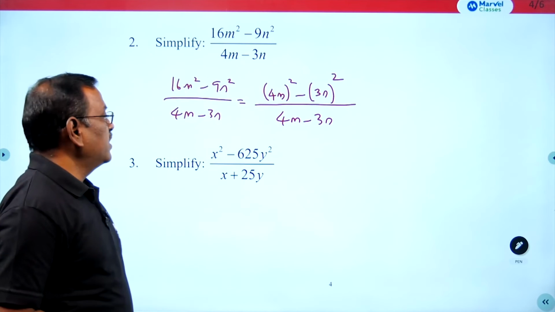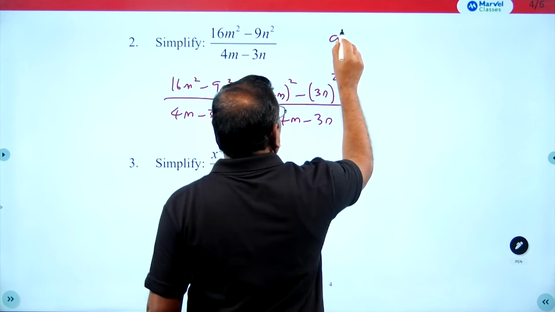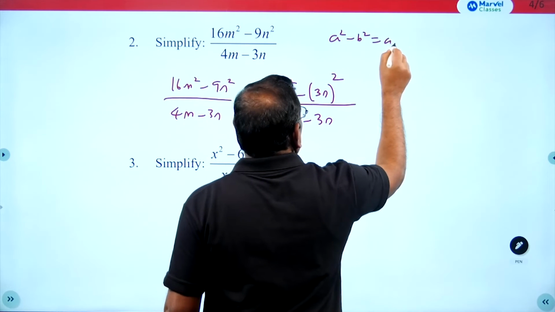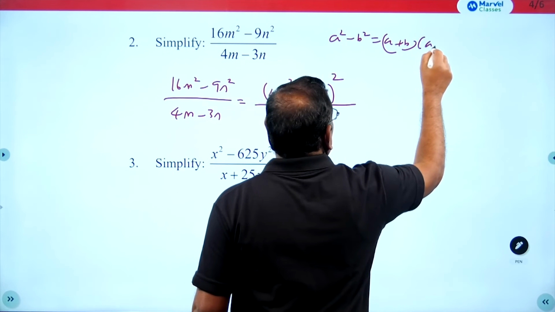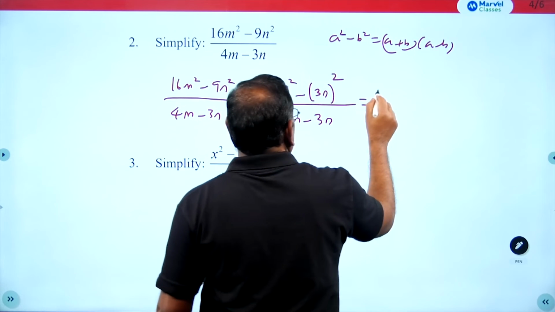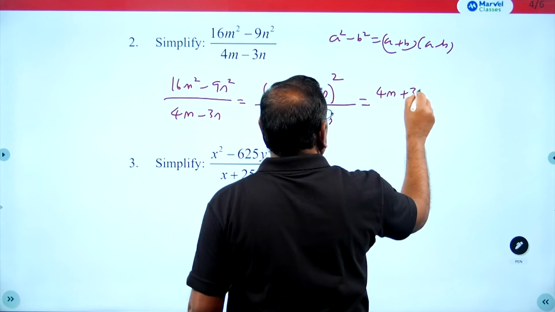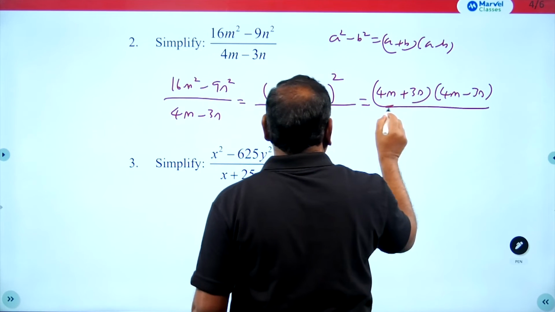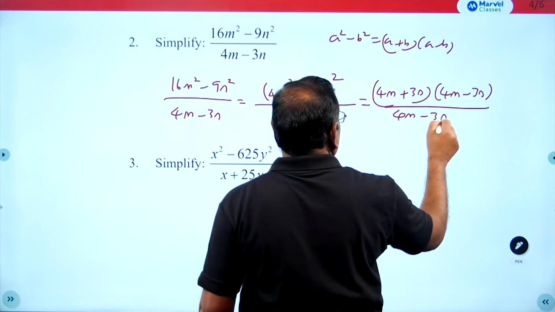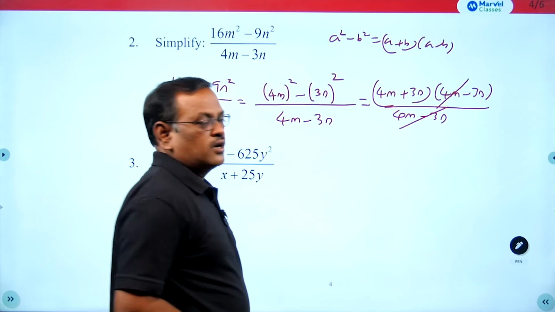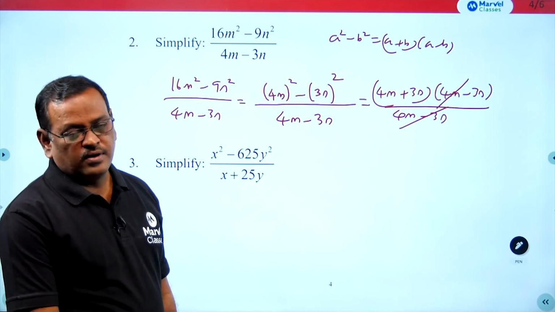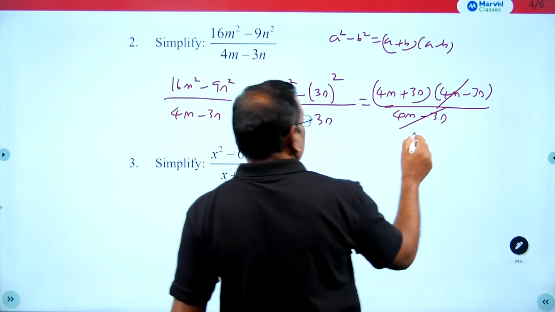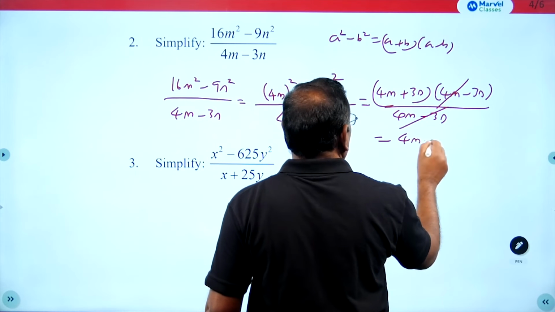Apply the formula: a square minus b square equals (a plus b) into (a minus b). So this is (4m plus 3n) into (4m minus 3n) by (4m minus 3n). Cancel the common binomial expression. The final answer is 4m plus 3n.